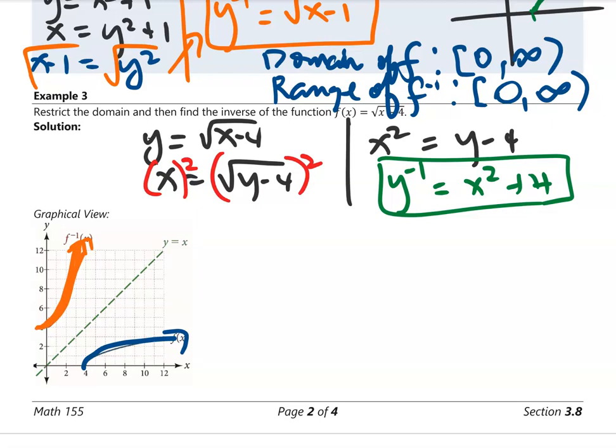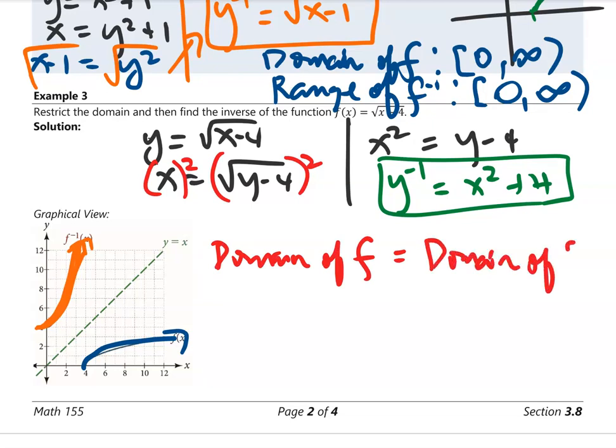So we can say that, we know that always the domain of f is equal to the range of the f inverse. Sorry, why do I always write that?